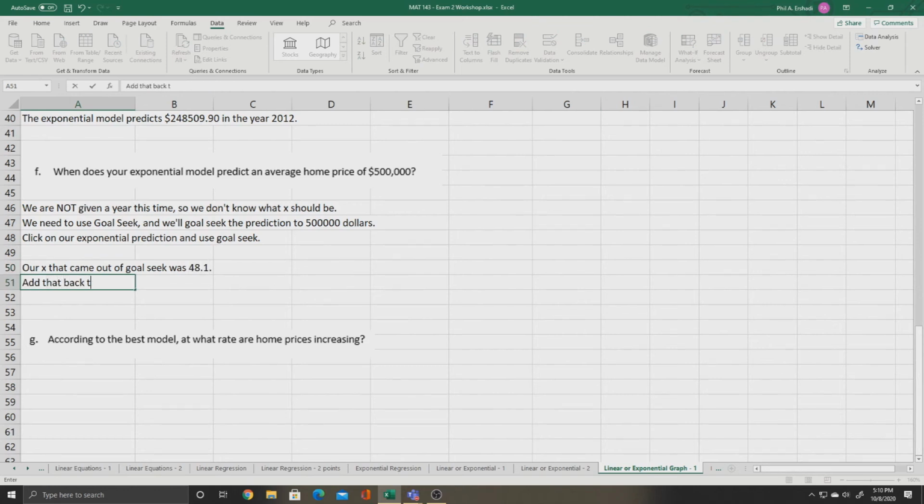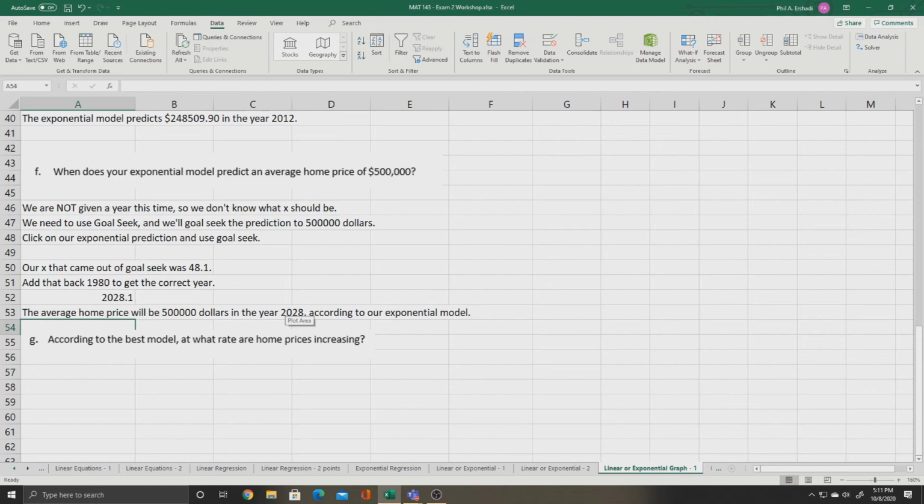Add that back to 1980 to get the correct year. So I'll do it again down here. 1980, add 48.1. So the average home price will be $500,000 in the year 2028, according to our exponential model.